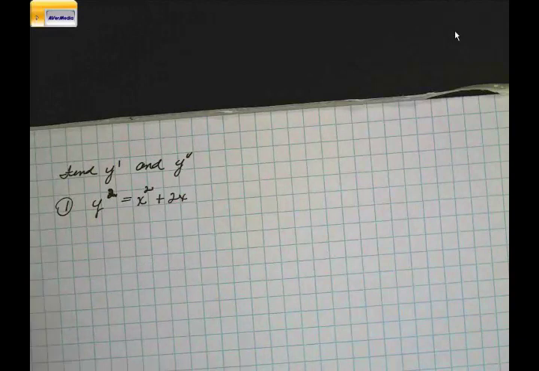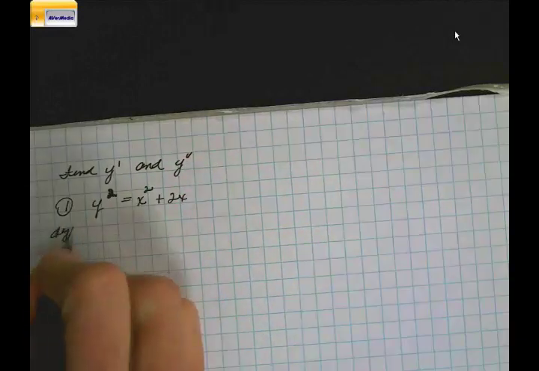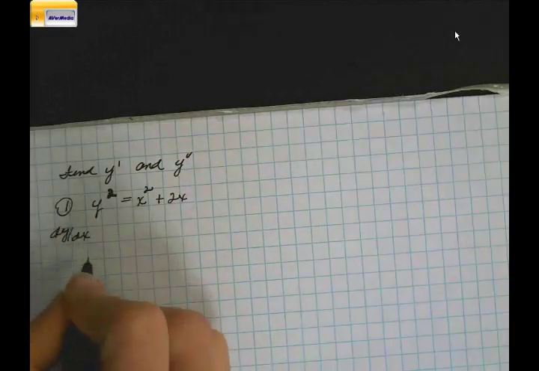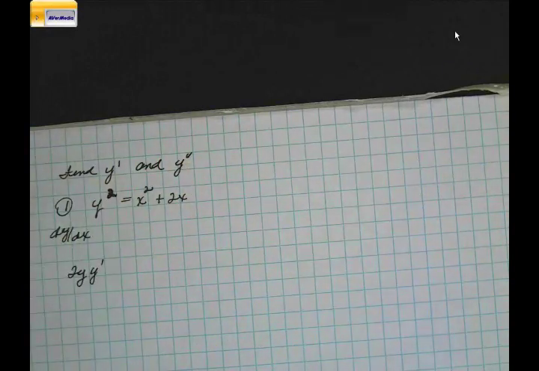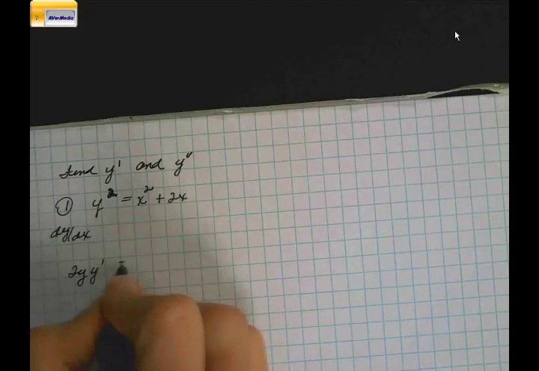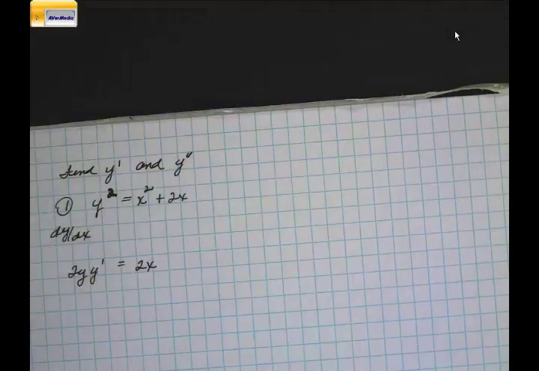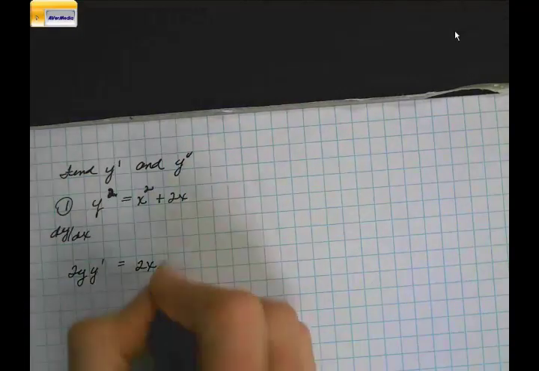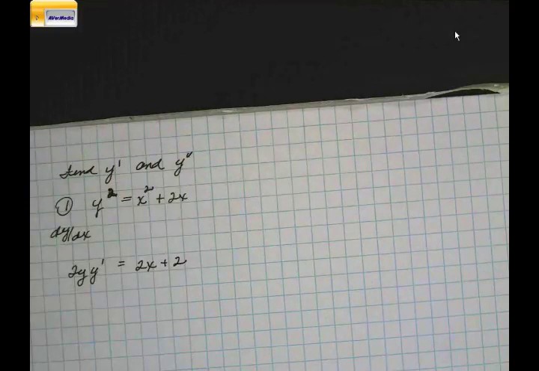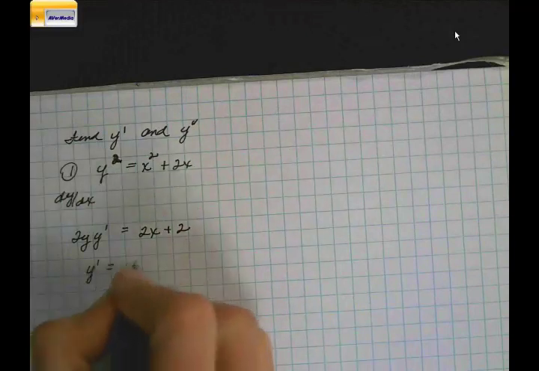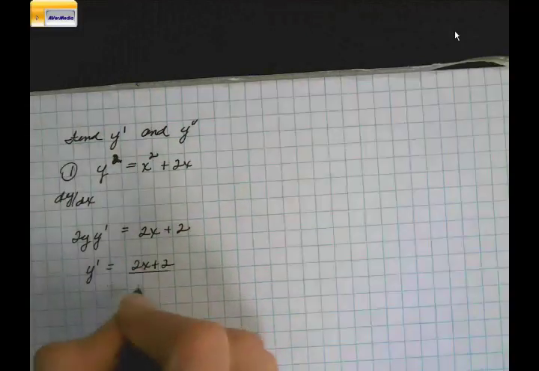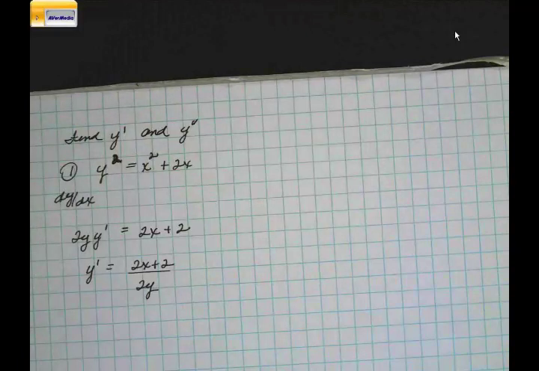Okay, so first derivative. Here we go. Y squared is 2y, y prime. First derivative. The derivative of x squared is 2x, and the derivative of 2x is 2. That's not so bad. So y prime is 2x plus 2 over 2y.